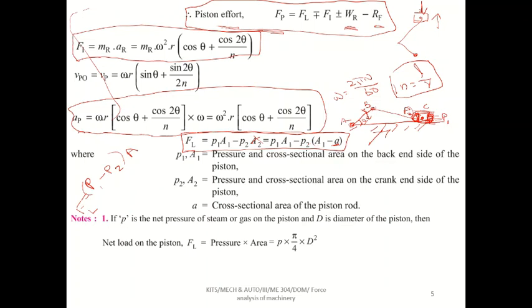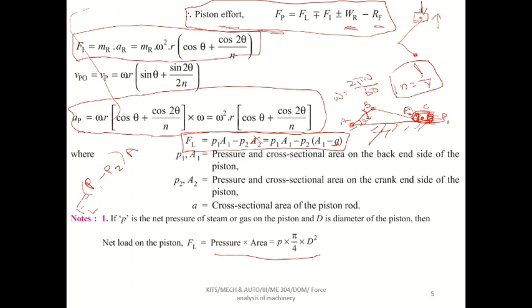Suppose they give only one pressure value and only one area value, then FL will be equal to pressure into area, that is P into pi by 4 into D square. Sometimes they will give only one pressure value and only one area value. If they didn't mention the other pressure value and other area value, you don't worry about that. You just take the given value and write it down.